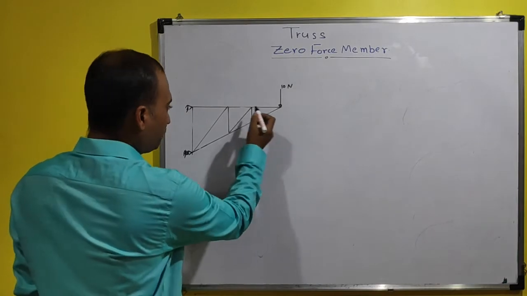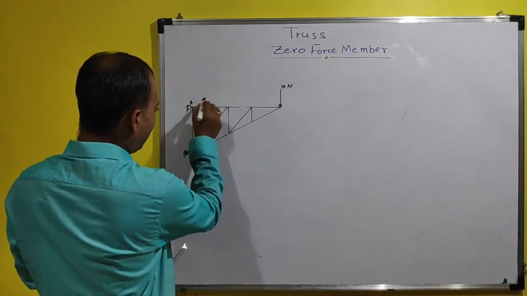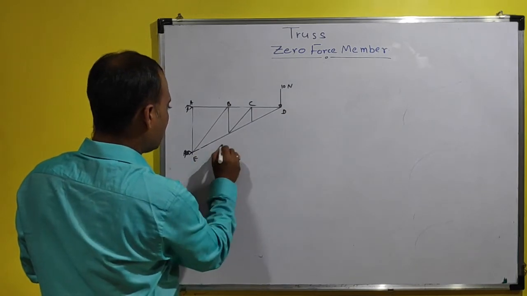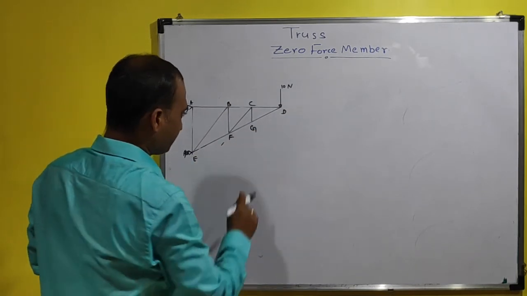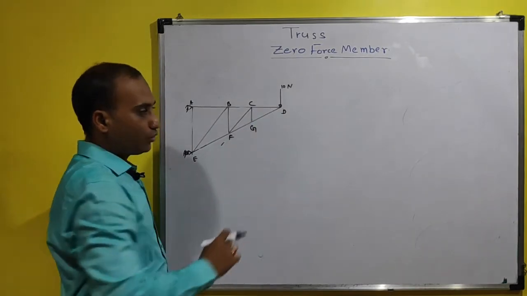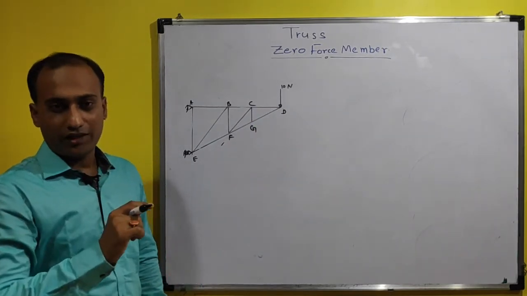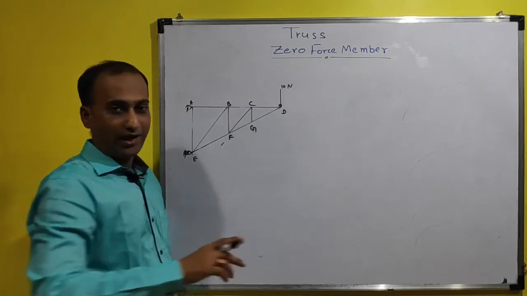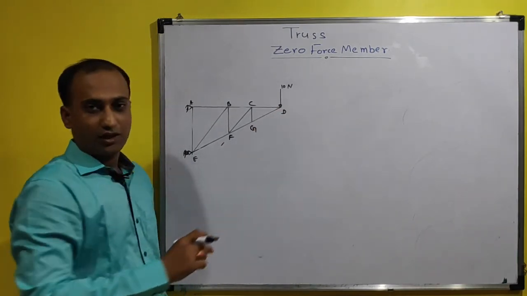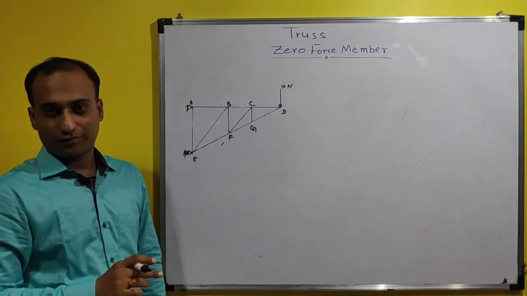So here if we take the joints, first of all we will name them A, B, C, D, E, F, G. So in this system we can see the first joint D is a V joint, but there is external loading, and hence we should not consider this joint as a V joint.